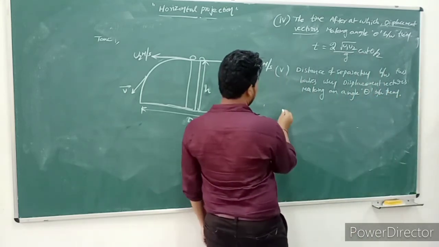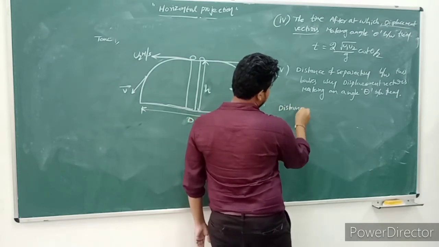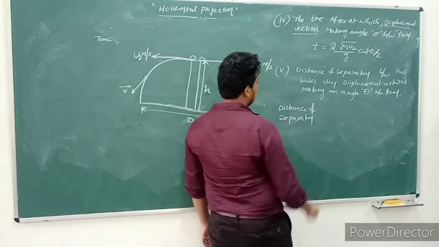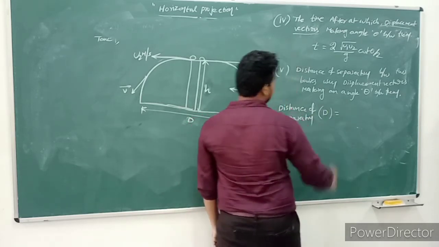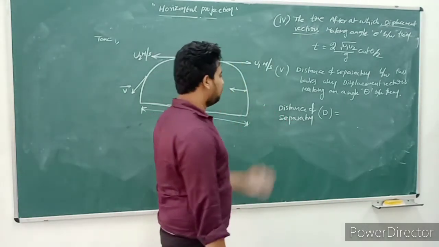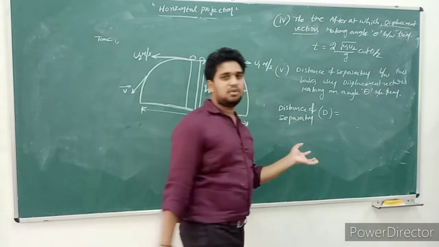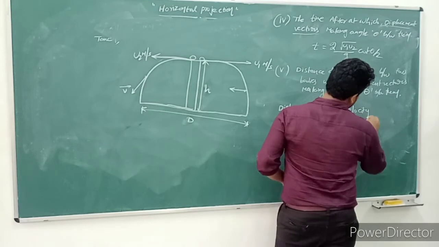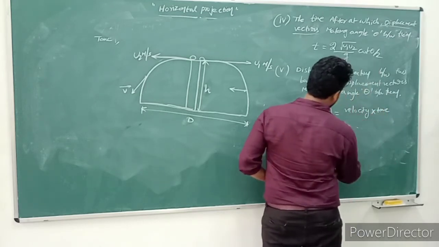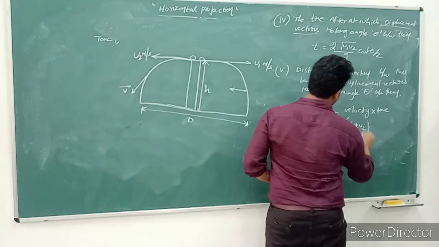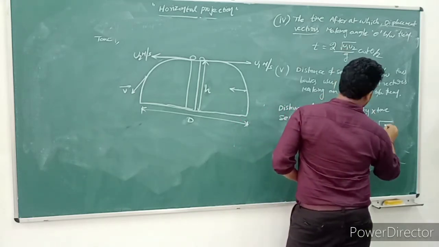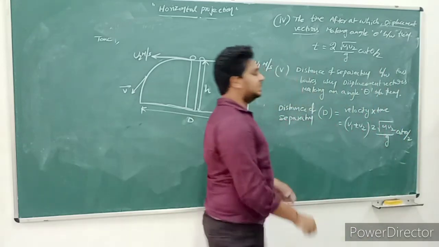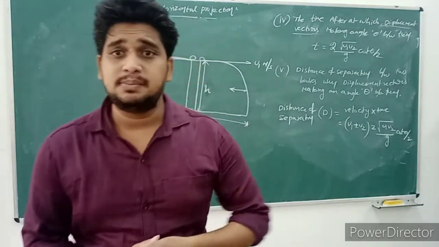So what is the formula? Distance of separation is capital D. Then what we take here? Just distance is equal to velocity into time. Velocity means u1 plus u2. Time means already you know 2 into root u1 u2 by g into cot theta by 2. That's it. This is about this application, right?